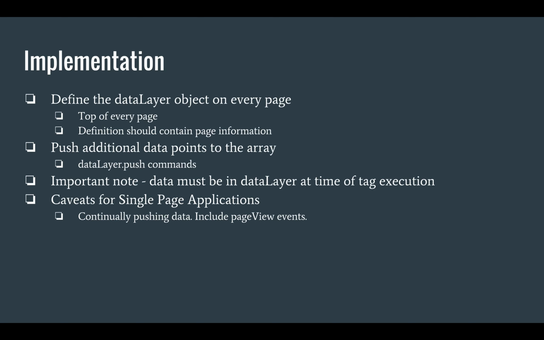One thing that is important to note, and it should go without saying, is that data has to be available within the data layer at the time of the tag execution for it to be properly grabbed and used. We see it all the time with clients.